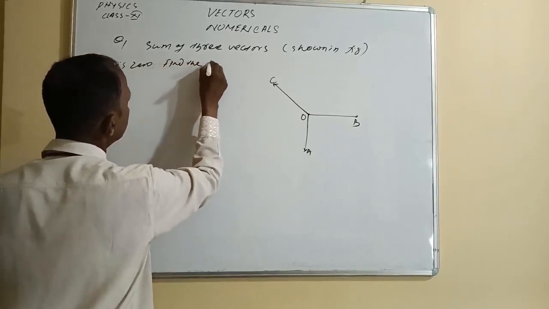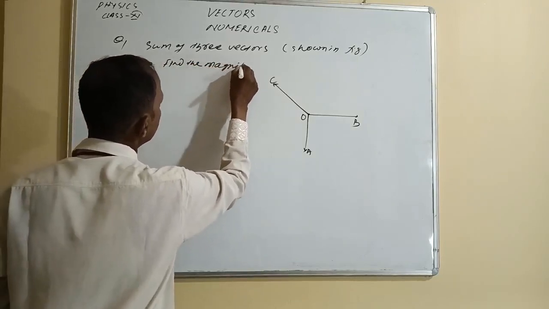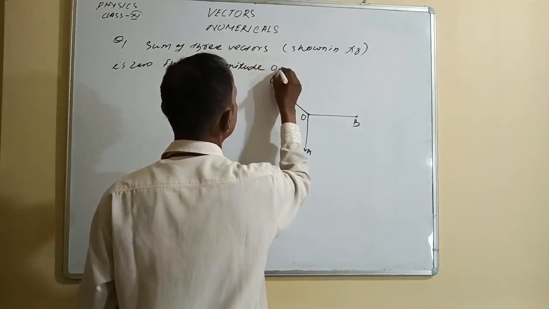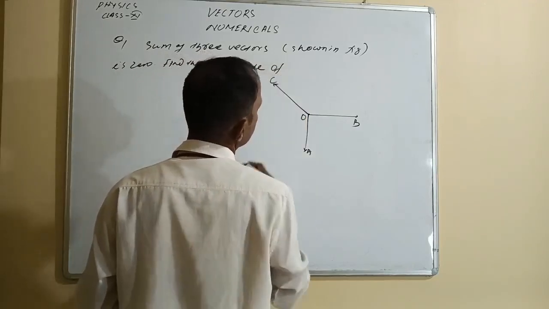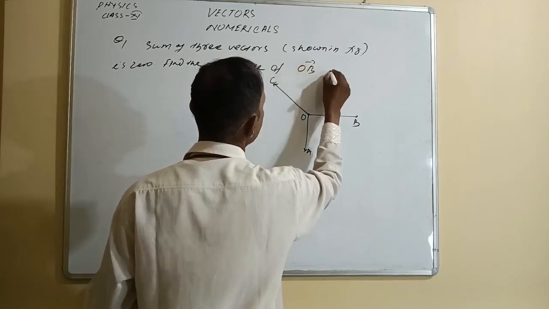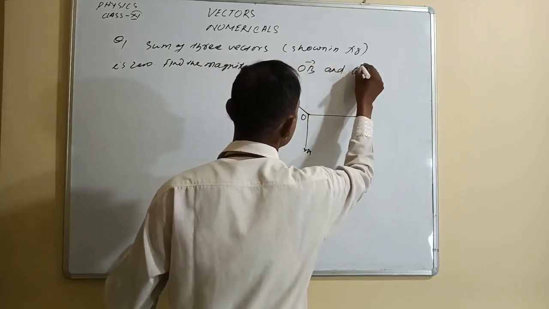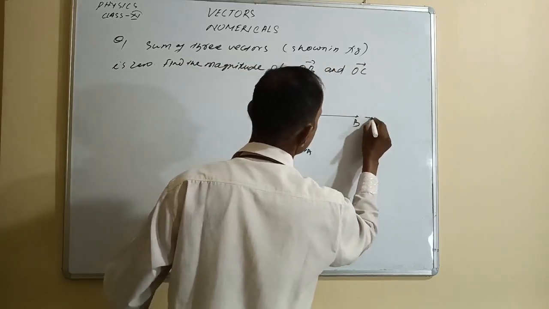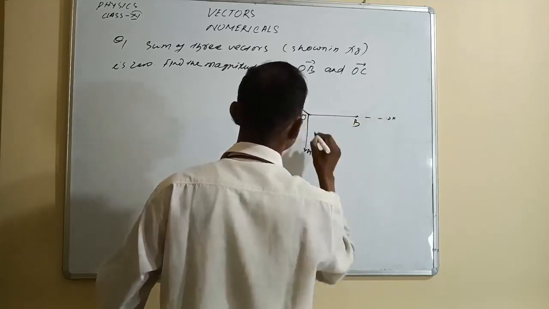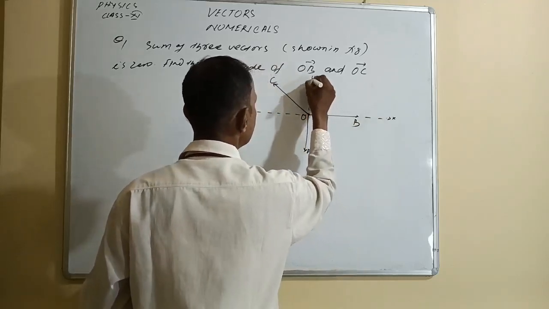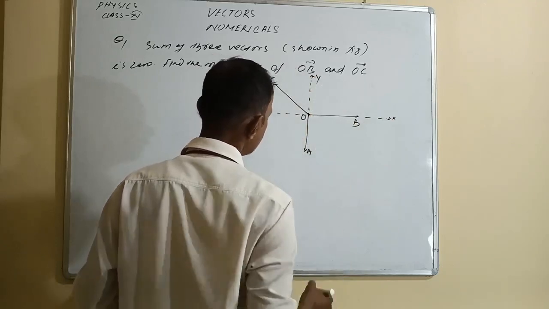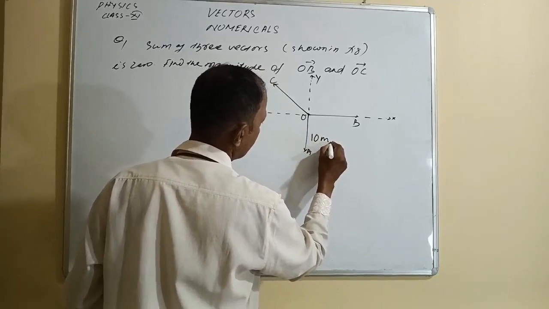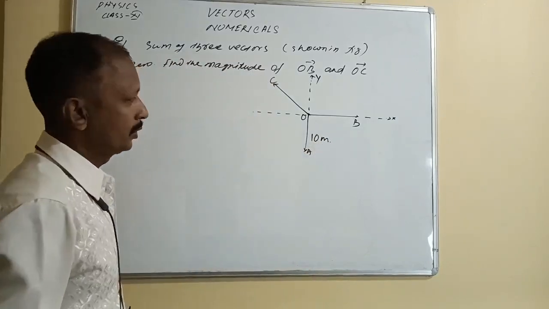Find the magnitude of OB vector and OC vector. Let us see here. This is the x-axis. This is your y-axis. Suppose this vector is given. This is 10 meter, okay?